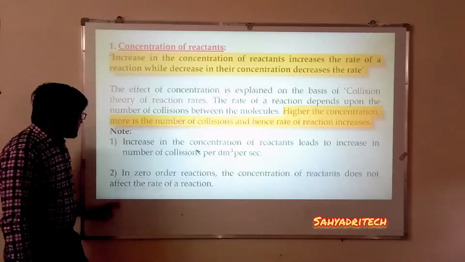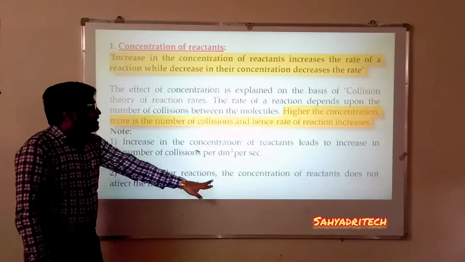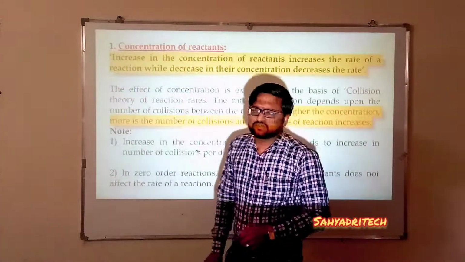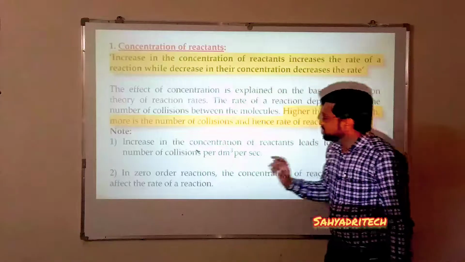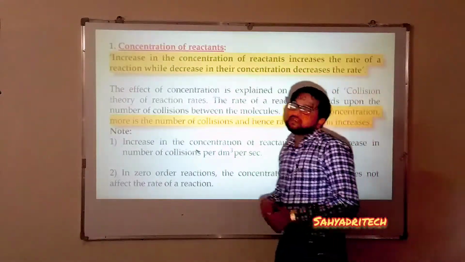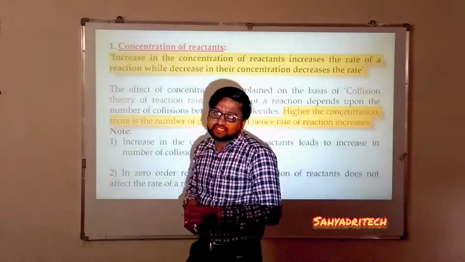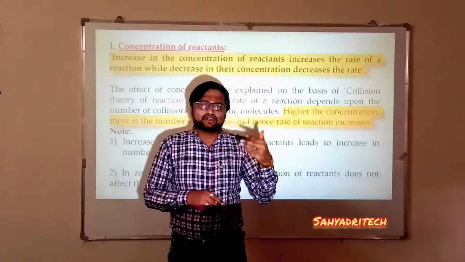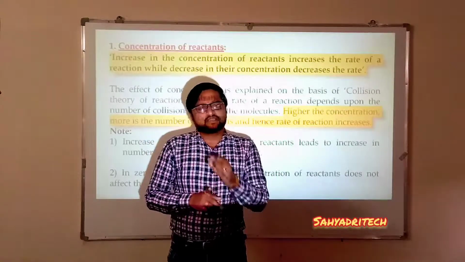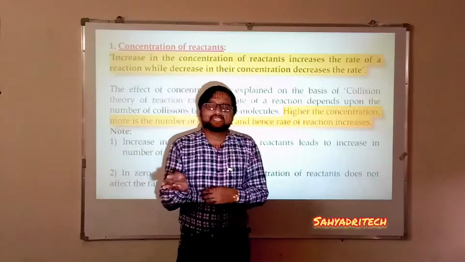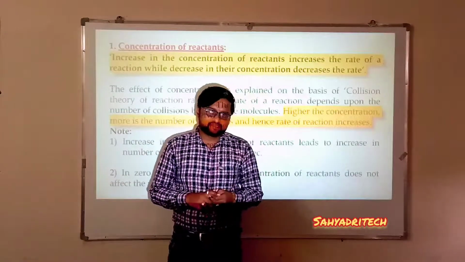Okay, and the second thing, in case of zero order reactions, later I'm going to discuss zero order reactions. So now just consider that in the case of zero order reactions, the concentration of reactant does not affect the rate of a reaction. It means except for zero order, yes, we have first order, second order, and fractional order reactions. In all those cases, there is a relation between the rate of a reaction and the concentration of the reactant species.